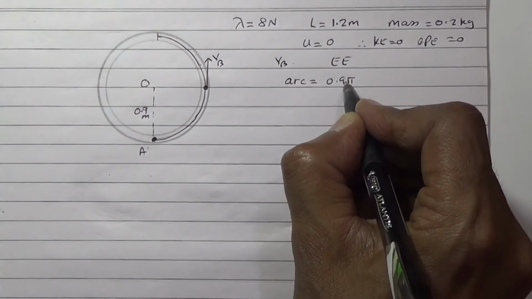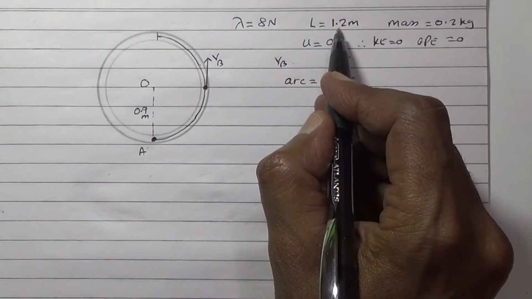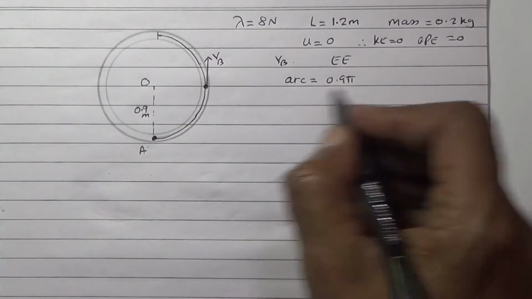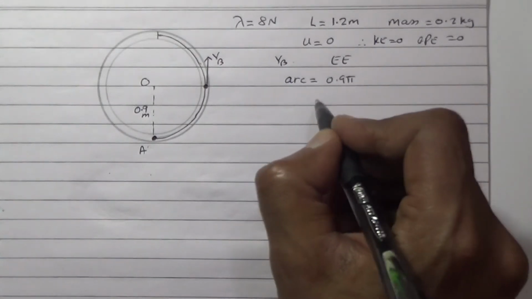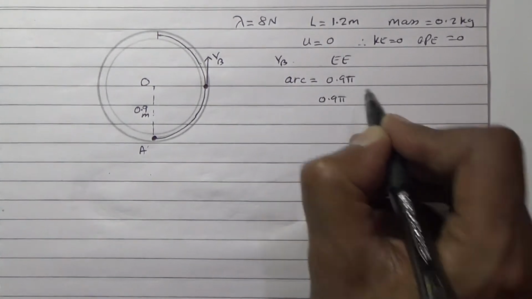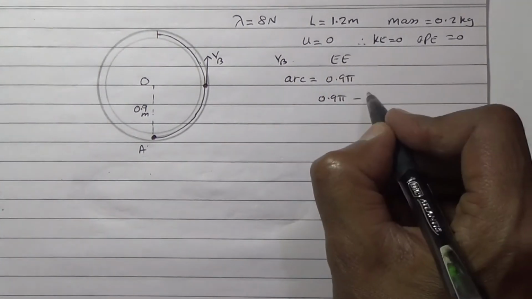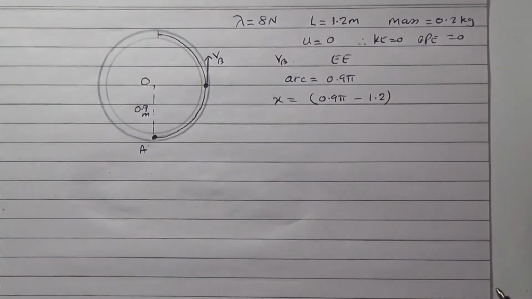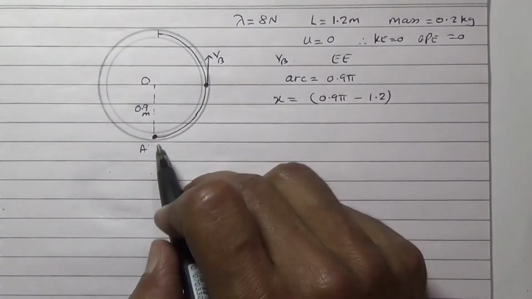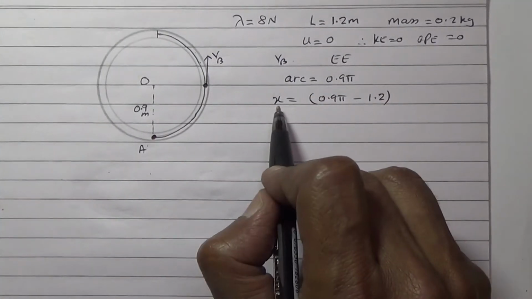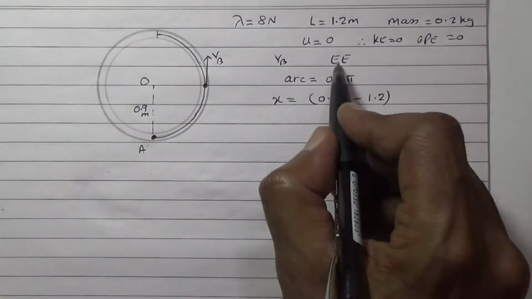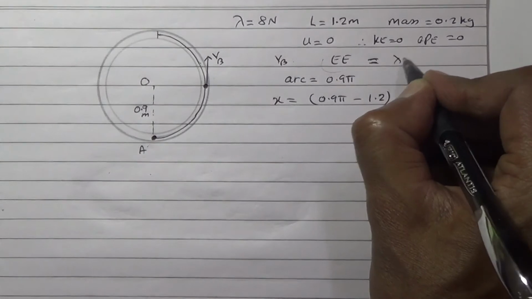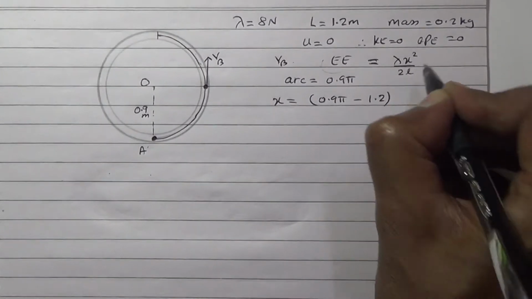And the difference between the natural length and the extended length is going to be 0.9 pi minus 1.2 meters. And so this is the extension. The difference between the extended length and the natural length is x. Why do I need x? To be able to find the elastic energy. To find the elastic energy, I'm going to use lambda times x squared divided by 2L.